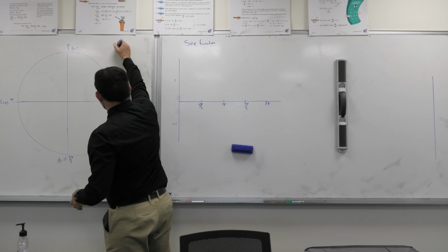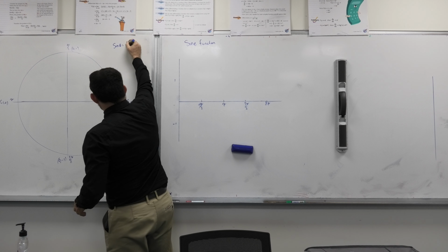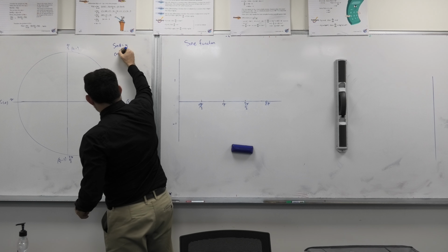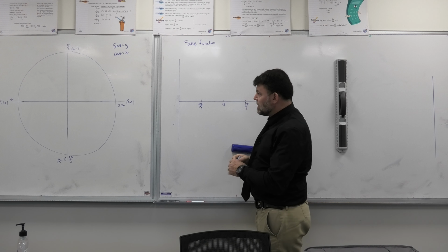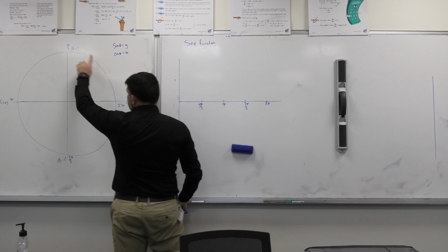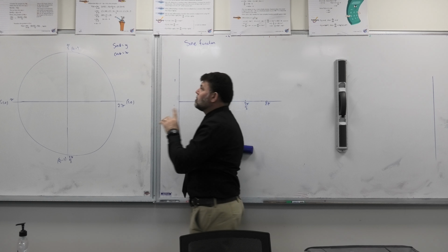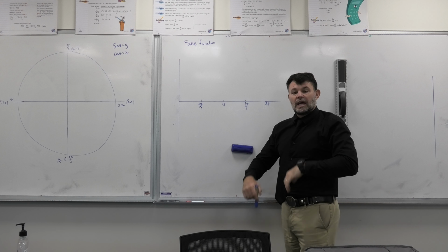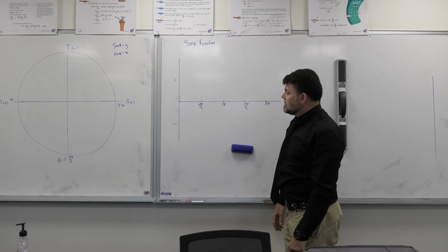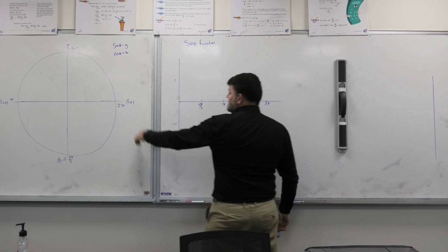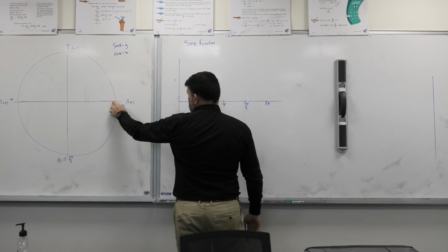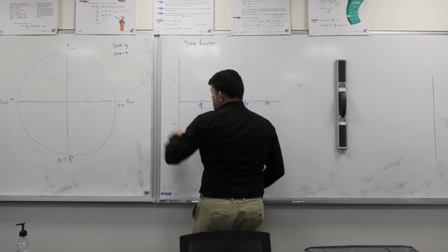Remember, sine theta is equal to y, and cos theta is equal to x. So what we're looking at is, at these 4 points, what is the y coordinate of sine? At 0 radians, at the starting point here, sine is 0.